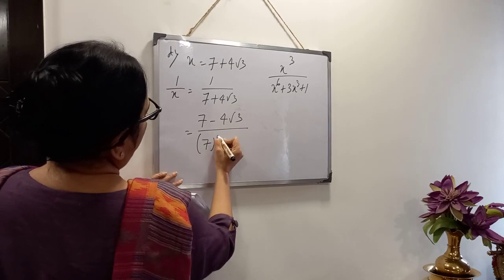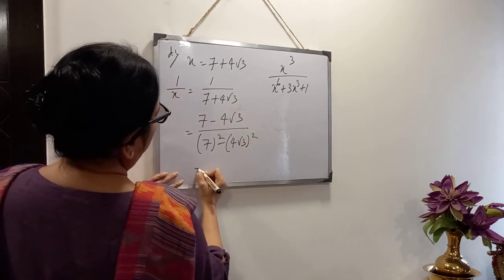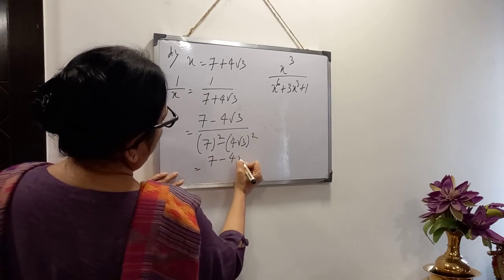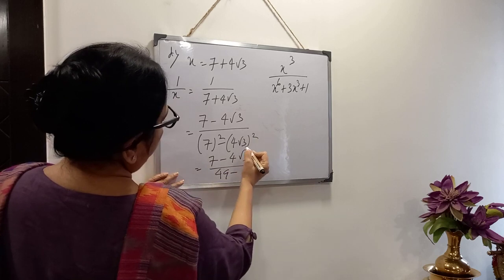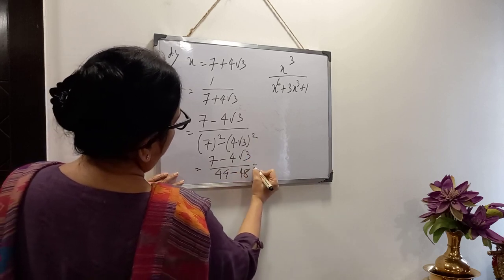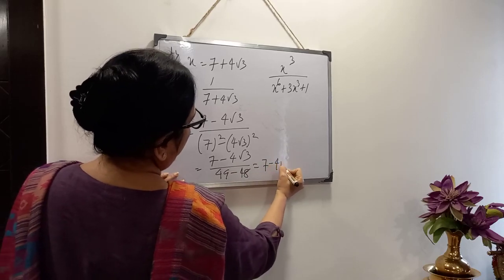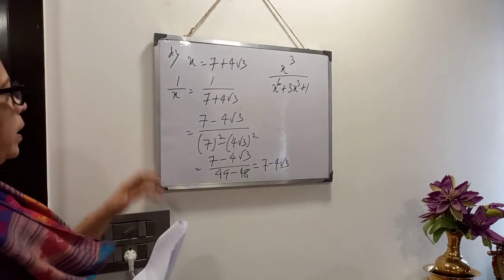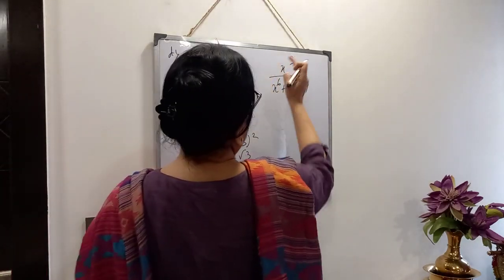So denominator will become a square minus b square form. It is 49 minus 4 4 is 16, 16 3 is 48. So denominator is coming 1, so 7 minus 4 root 3. Here x is this, 1 by x is this. You have to calculate the value of this.